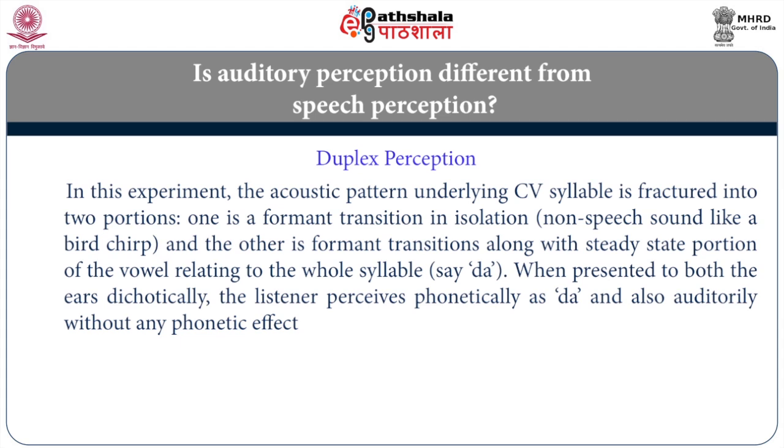But if you say pa or ta, in some languages ta means give. It can have some meaning. When you attach the steady state portion of the vowel along with the formant transition, then it is more meaningful. What they wanted to know is what mechanism is playing a role in hearing and perceiving the chirp as opposed to the syllable.